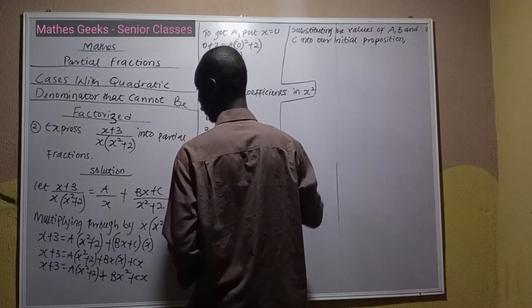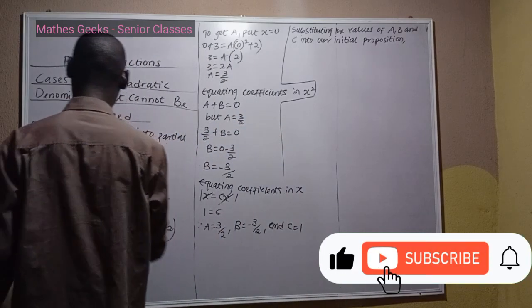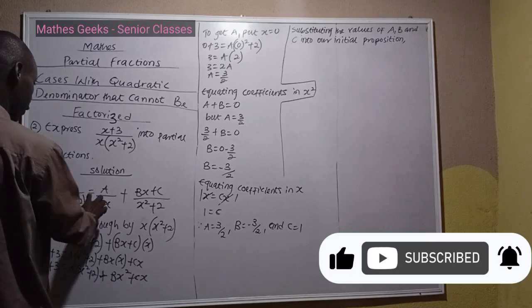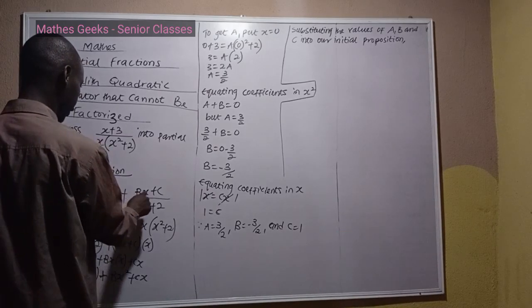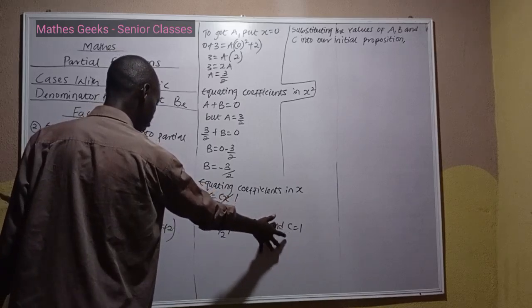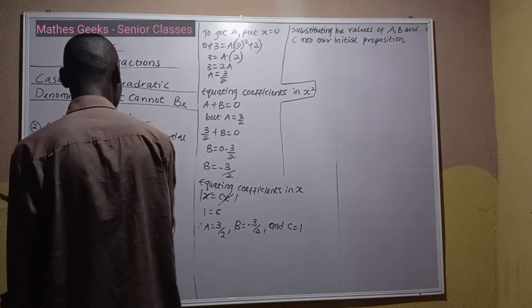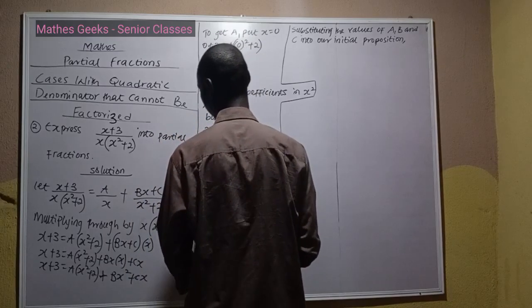So we said initially, let x plus 3 over x squared plus 2 equal e over x plus bx plus c over x squared plus 2, where e, b, and c are variables which we've gotten their values here. So we're going to put each of the values into this general equation form.